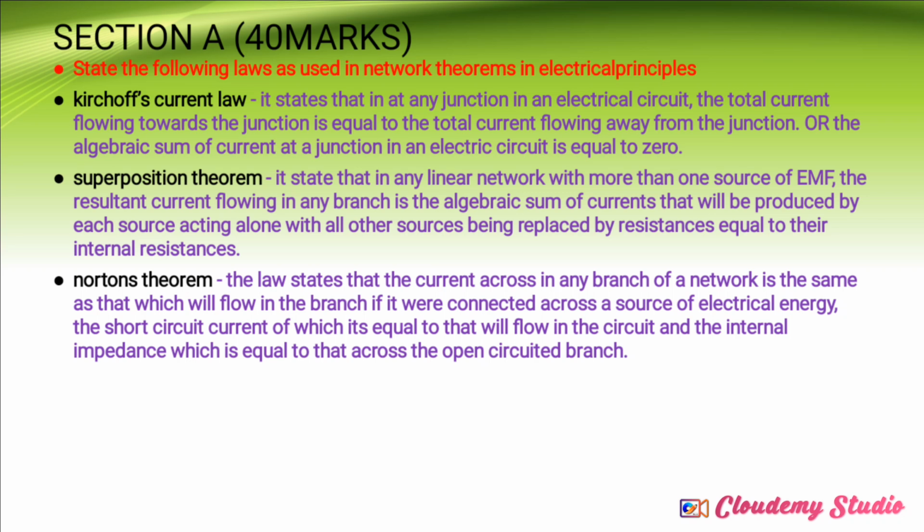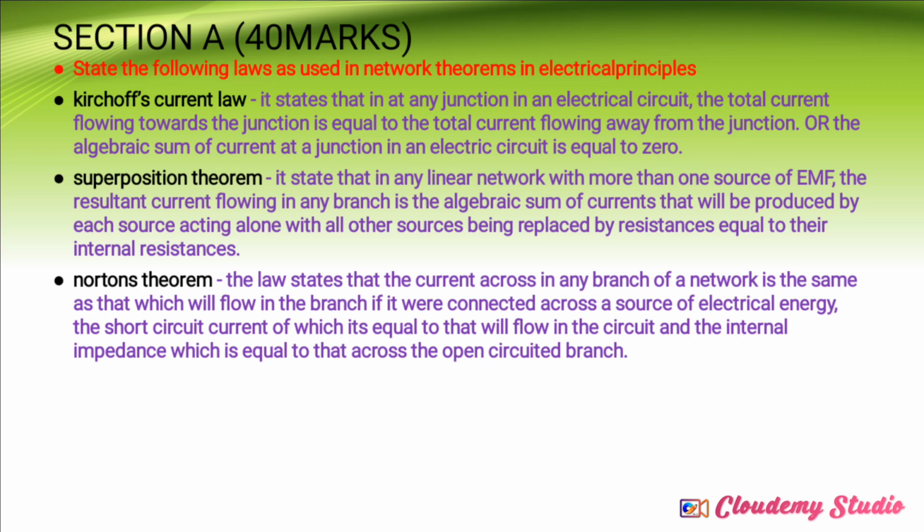That is the resultant current flowing in each branch. But in order to get that, we have to consider one source of EMF as we short the other by replacing it with a resistance. Then we go to the other source, that is B, as we short the first source of EMF. That's how we relate the superposition theorem.